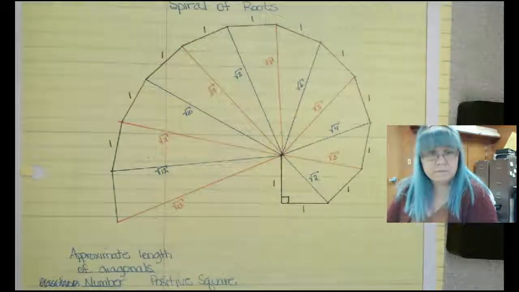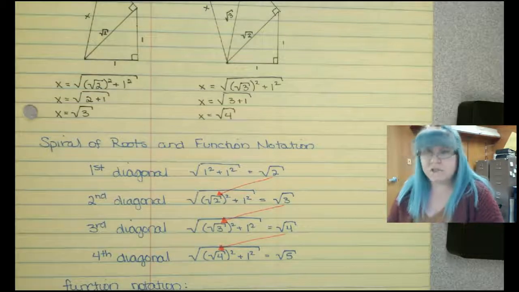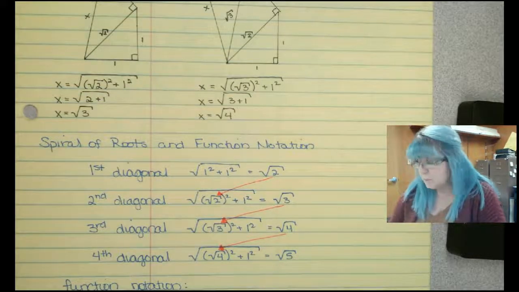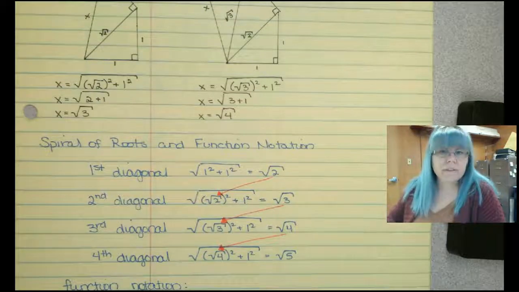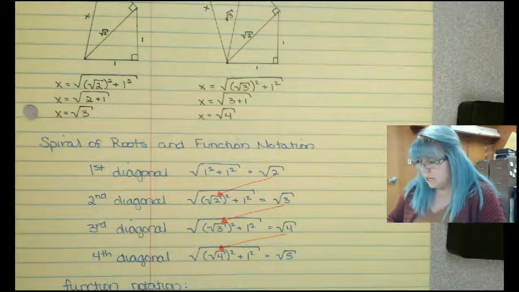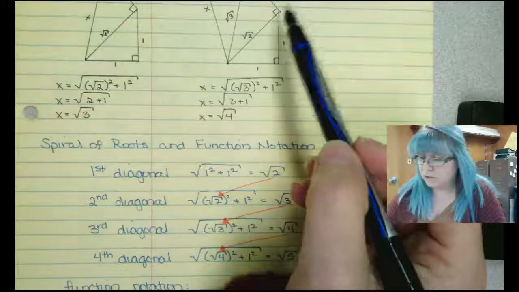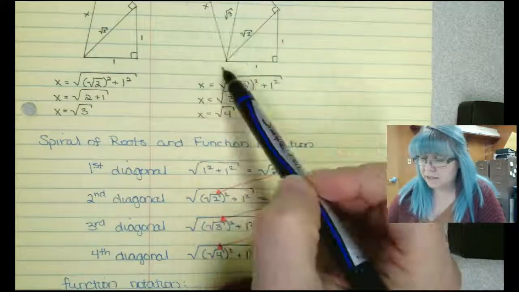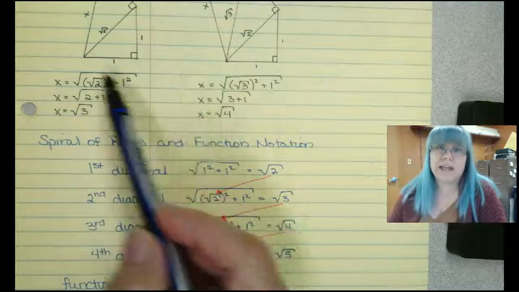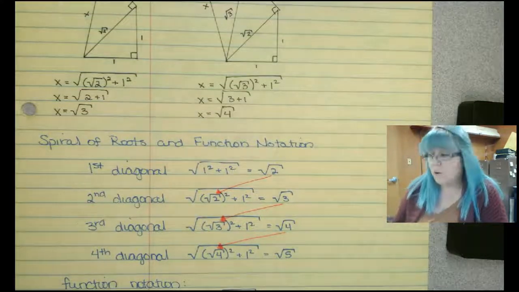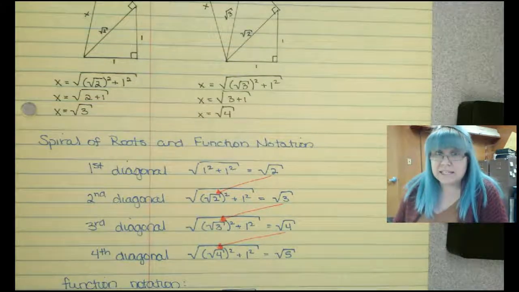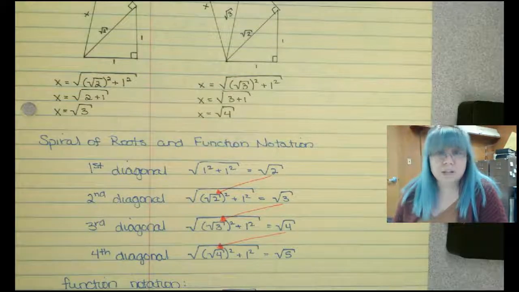Now, we can't go around just drawing the spiral of roots, but what if I wanted to know the length of the 10th diagonal or the 100th diagonal? I would want to know what the length of it is, and I can write it out as a function.